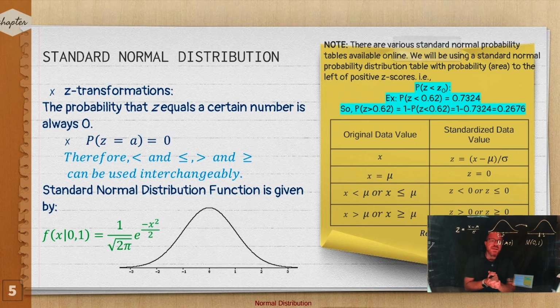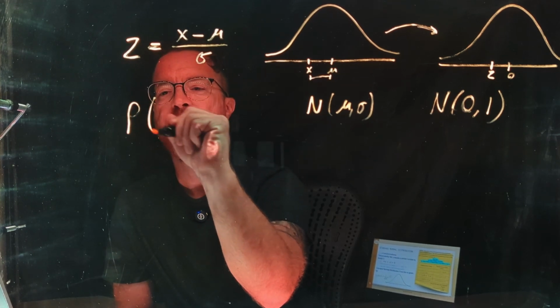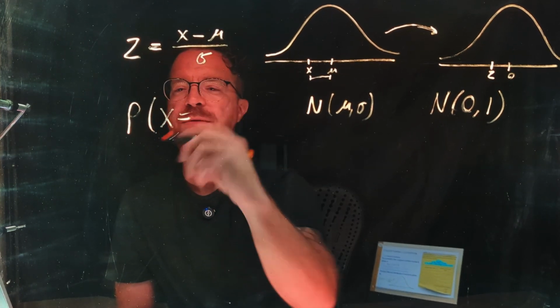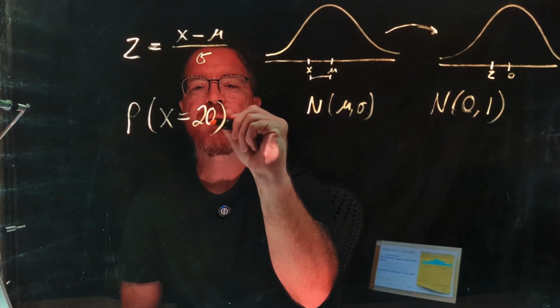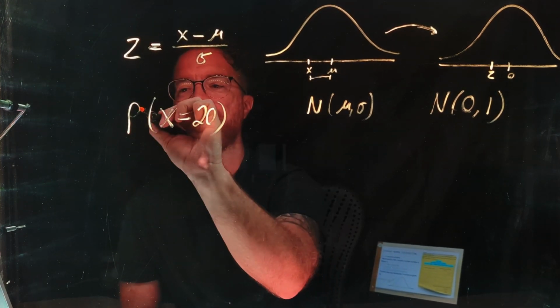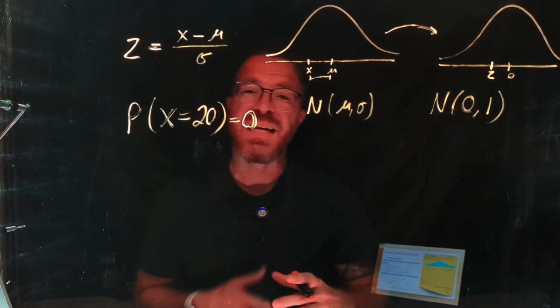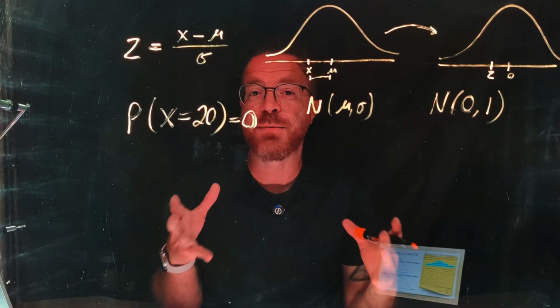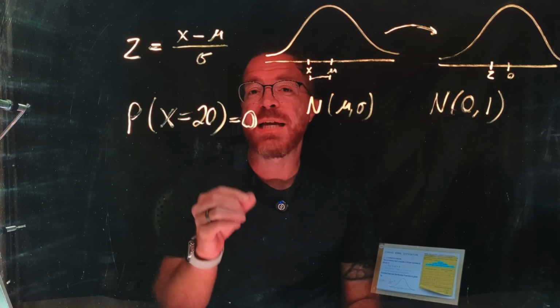So the probability that z will equal a certain number will always be 0. We talked about this last time. For example, if I asked what is the probability that x equals some number, let's say 20, it doesn't matter what the number is, it is going to be equal to 0, because out of the infinite number of different possible values, the probability that we find that single value is infinitesimally small.